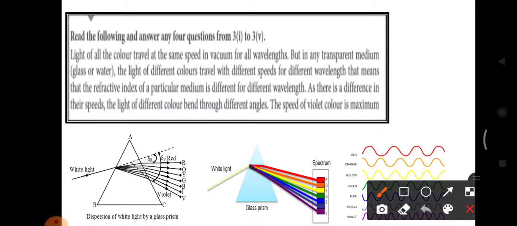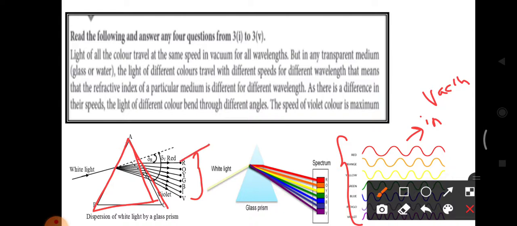Understand this paragraph. Light of all colors travels at the same speed in vacuum. But when it enters into a medium, that means a glass medium or any other medium, the speed of the light is different according to the different wavelength.